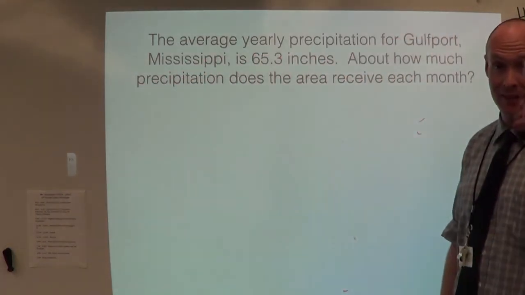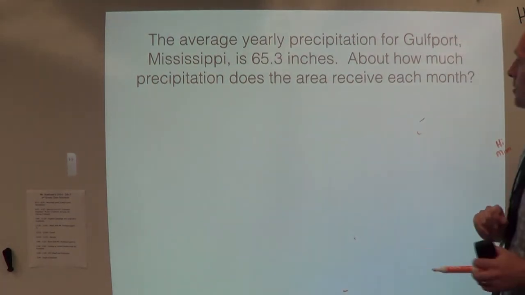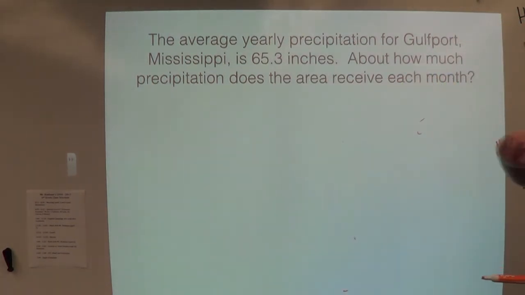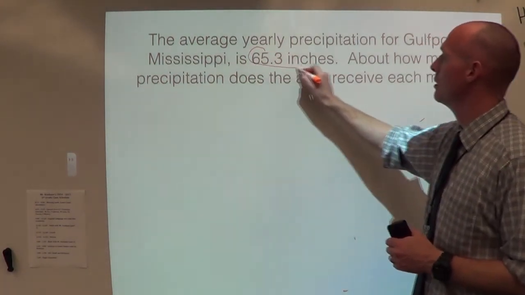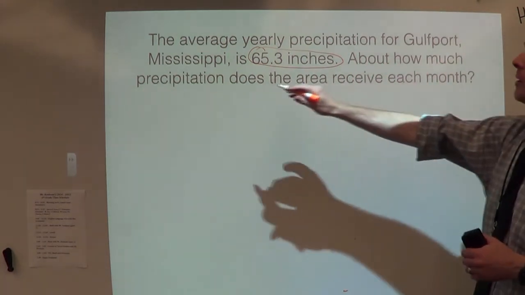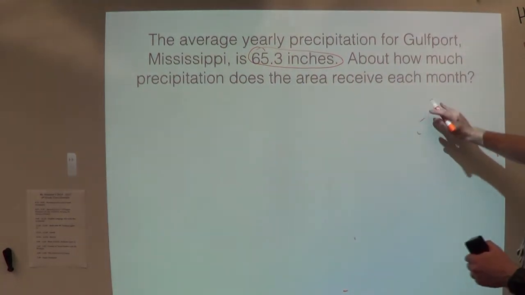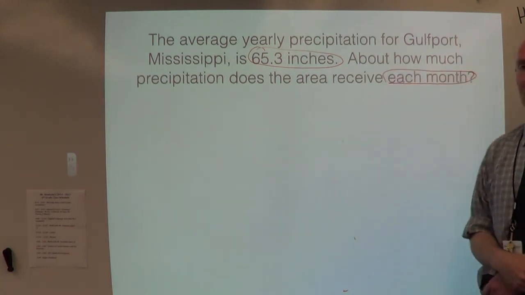And this one here, this is the last one. It's kind of a challenge one. The average yearly precipitation for Gulfport, Mississippi is 65 3/10 inches. About how much precipitation does the area receive each month? Ooh, okay.